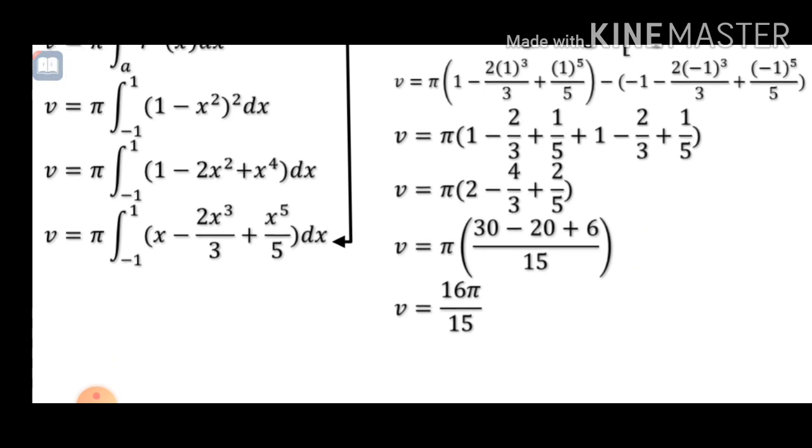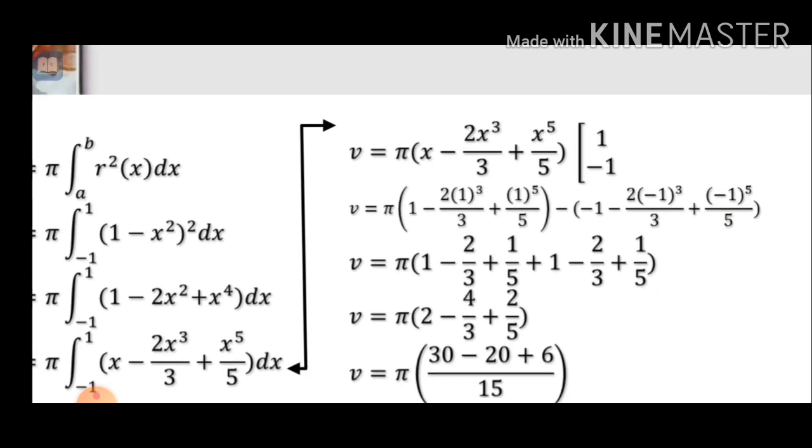V is equal to pi times (x minus 2x cubed divided by 3 plus x to the power of 5 over 5), evaluated from negative 1 to 1.